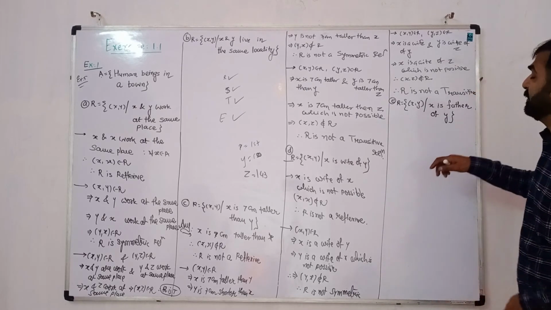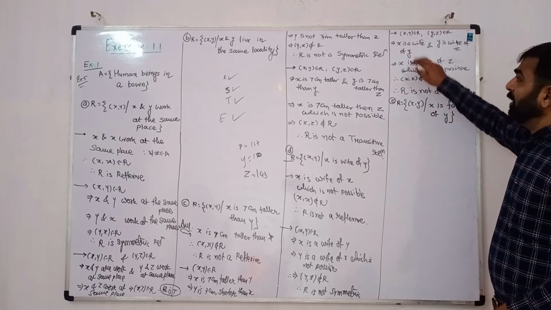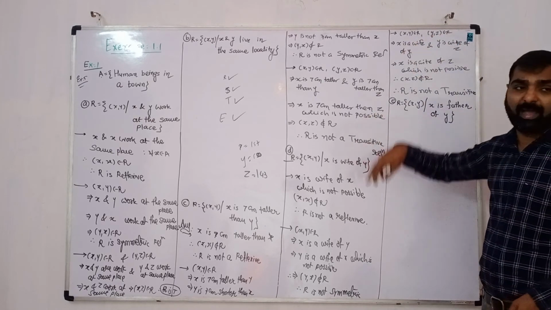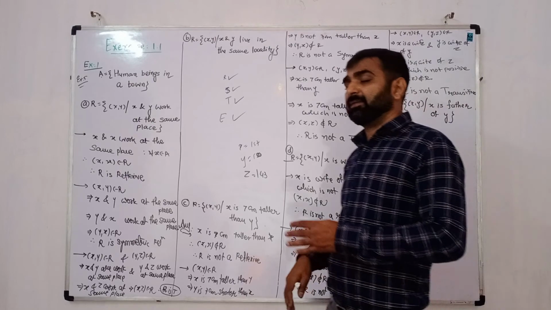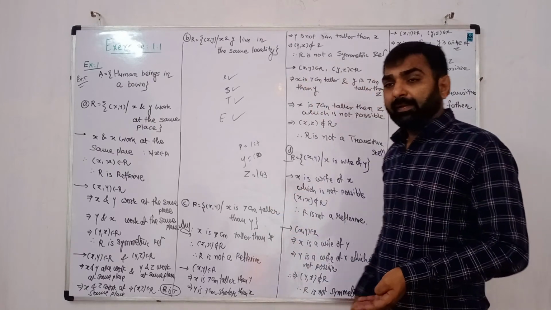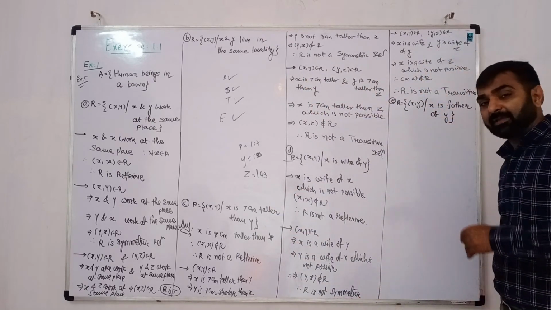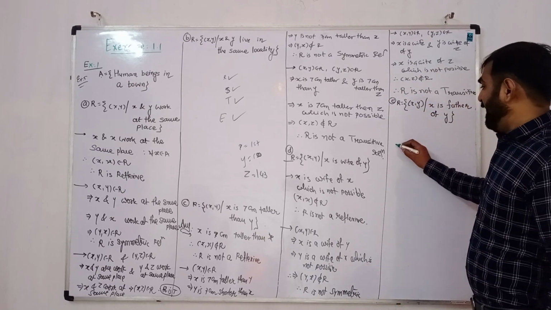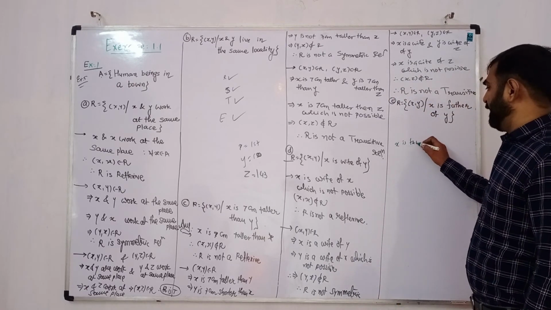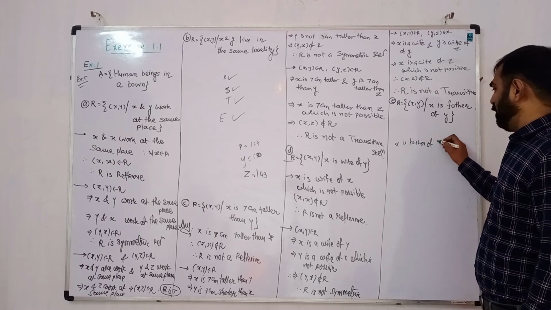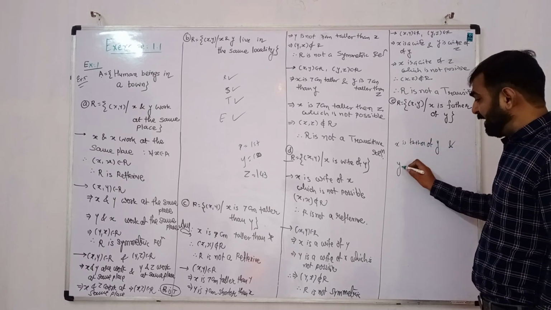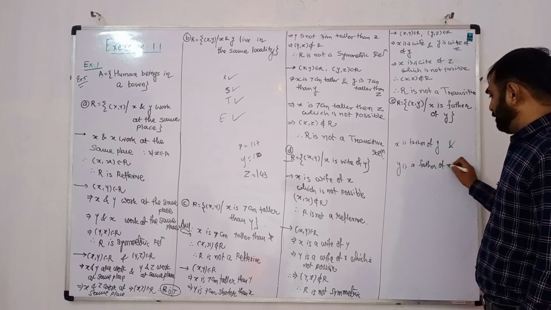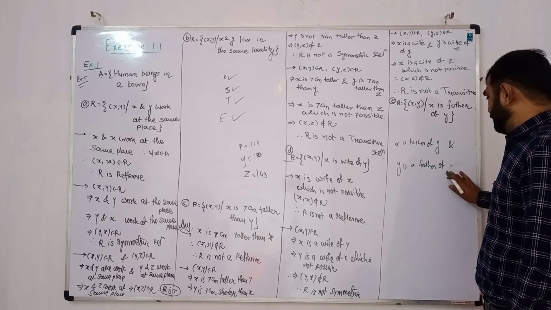Okay, next, xy belongs to r, yz belongs to r, xy belongs to r, the x is the father of y, and yz का मतलब y is the father of z. Okay, तो x is the father of y, and y is the father of z.